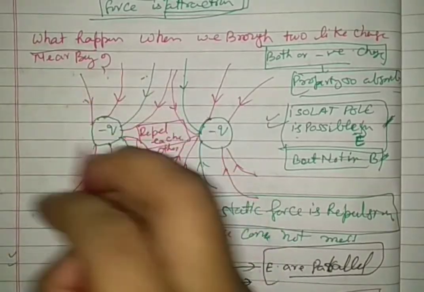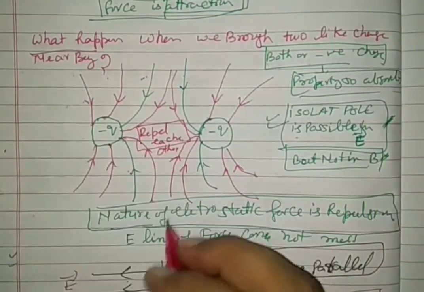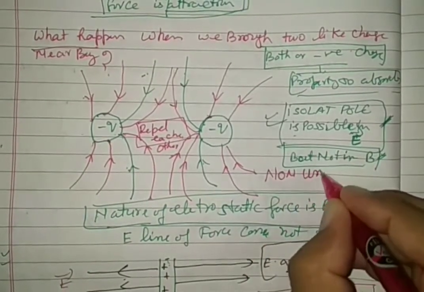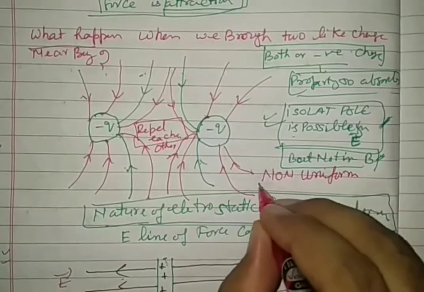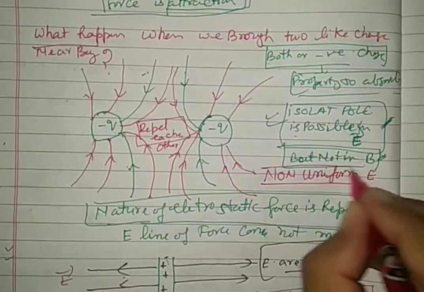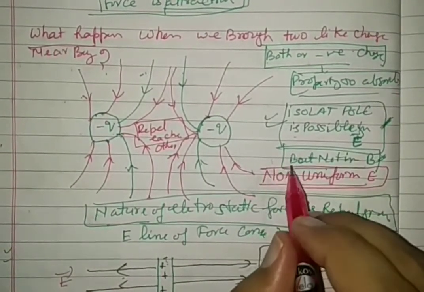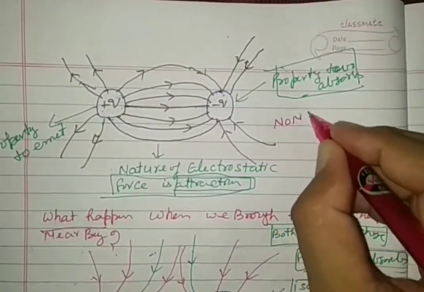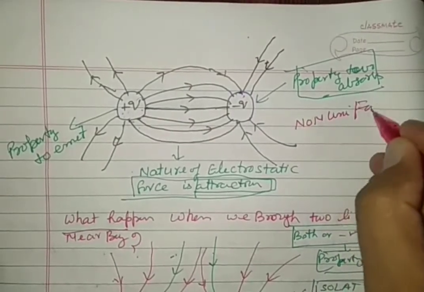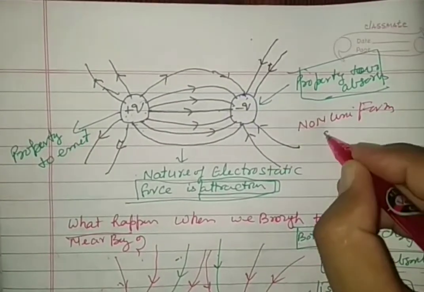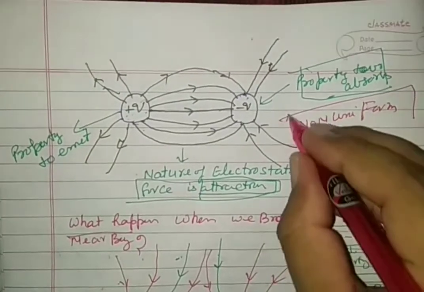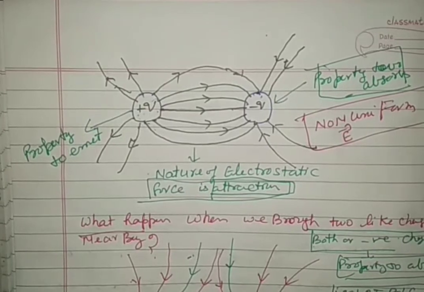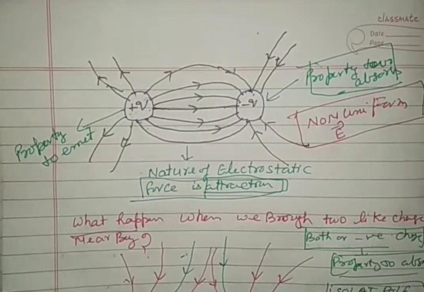Here the field around it, see very carefully, is a non-uniform electric field E. Here in this also, non-uniform electric field, where we have taken an isolated charged body, spherical, isolated positive charged body or negative charged body.